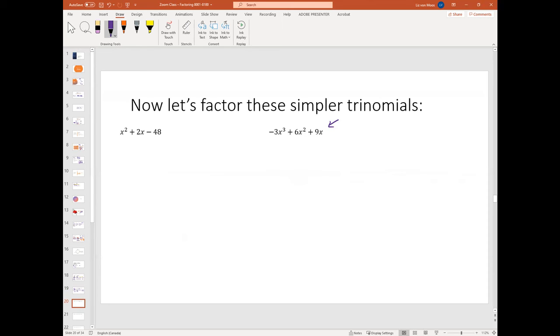But what I really don't like about this question is the negative in the first term. Minus 3x into x minus 3 into x plus 1.